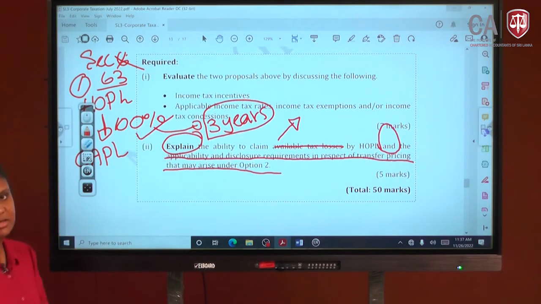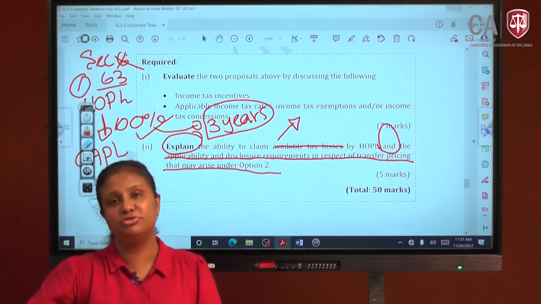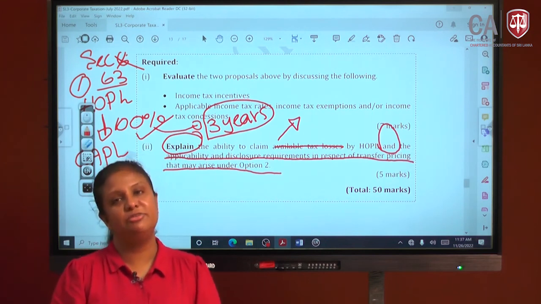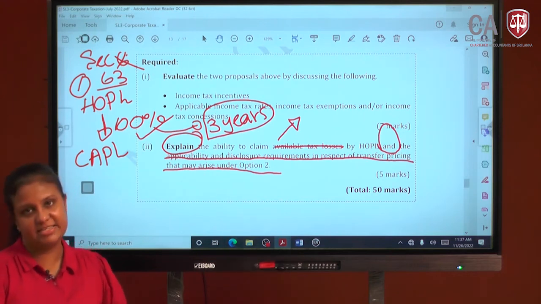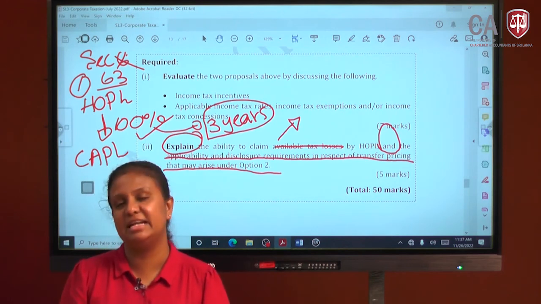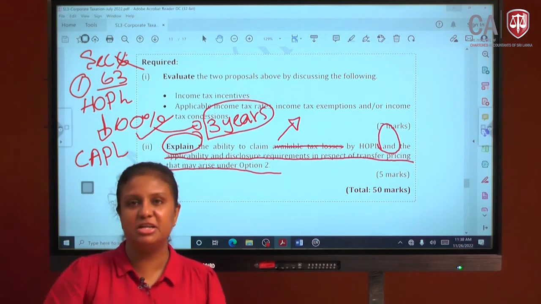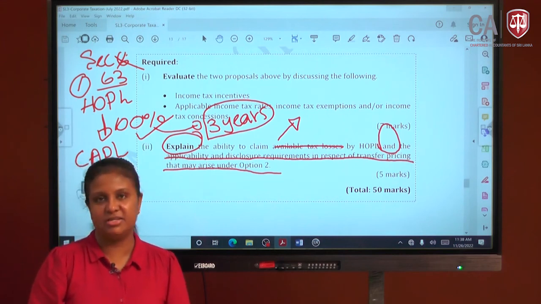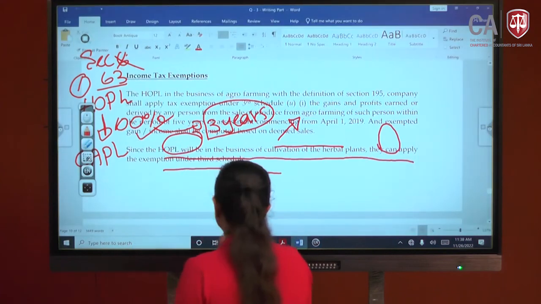We can claim it if we continue the same business for at least 2 years immediately after the change. In our case, manufacturing, agro-farming, processing and manufacturing, the same thing is done in HOPL. If we are not broken, if we are continuing that, then we can claim the business loss. That's what you have to write. Okay. Now let me come to the particular points of the answers.